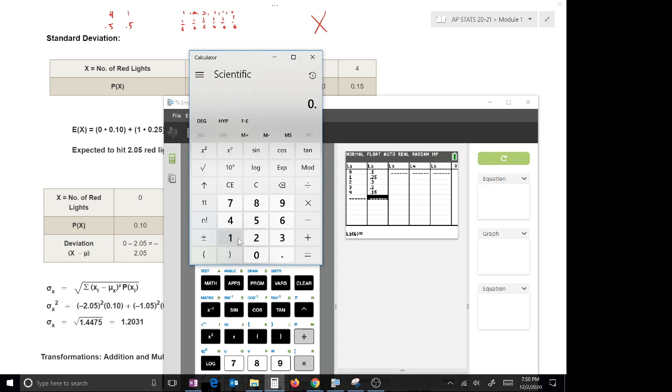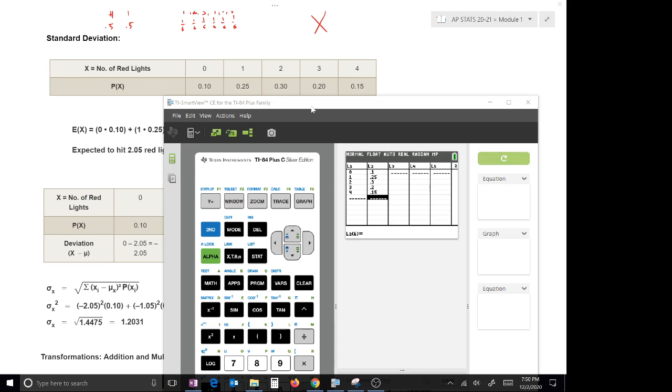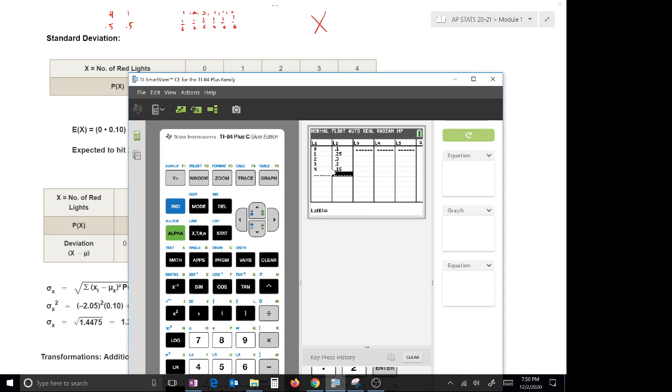Try that again. 0.1 plus 0.25 plus 0.3 plus 0.2 plus 0.15. Okay, I missed one. That's why. Okay, there we go. Double checking. So these have to all add up to 1.